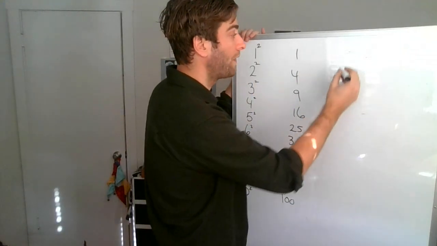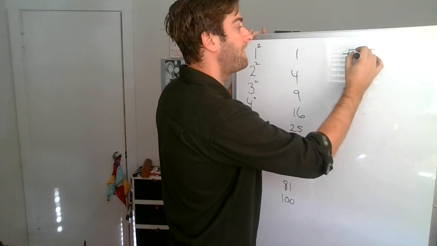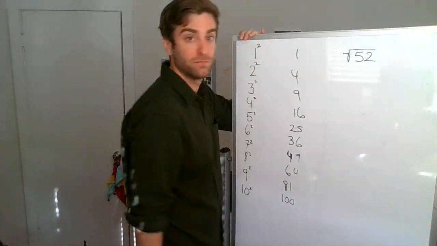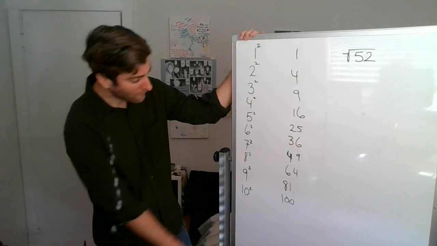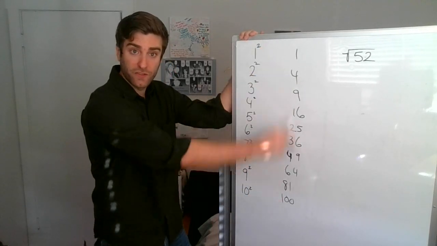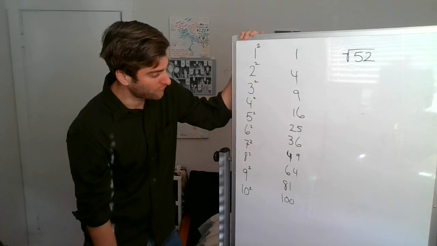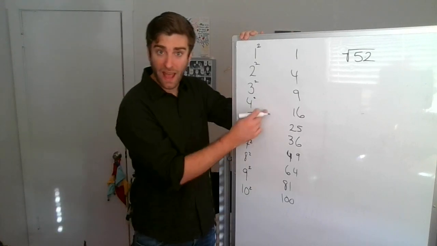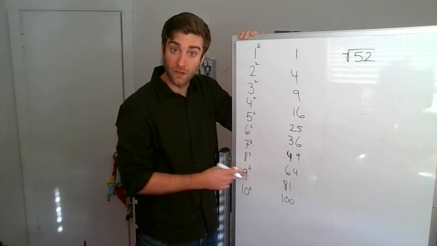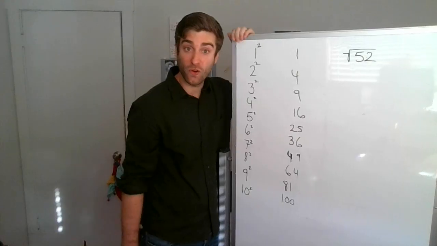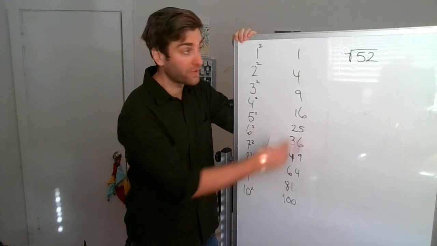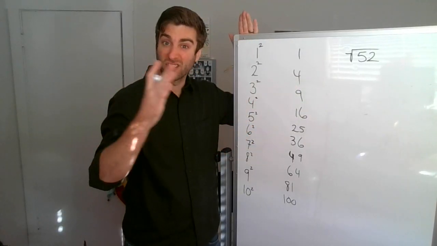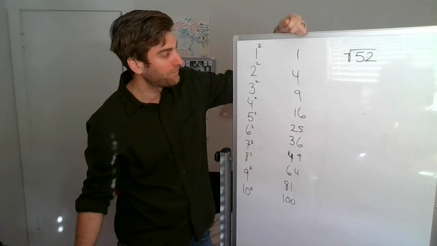How about this one? The square root of 52. Oof. Okay. 52. Where's 52? On my list here, 52 is going to be between which two numbers? You might notice as the squares get bigger, the distance between them also increases, okay? So when the numbers get bigger, right, we have to be a little bit more careful with our estimations.